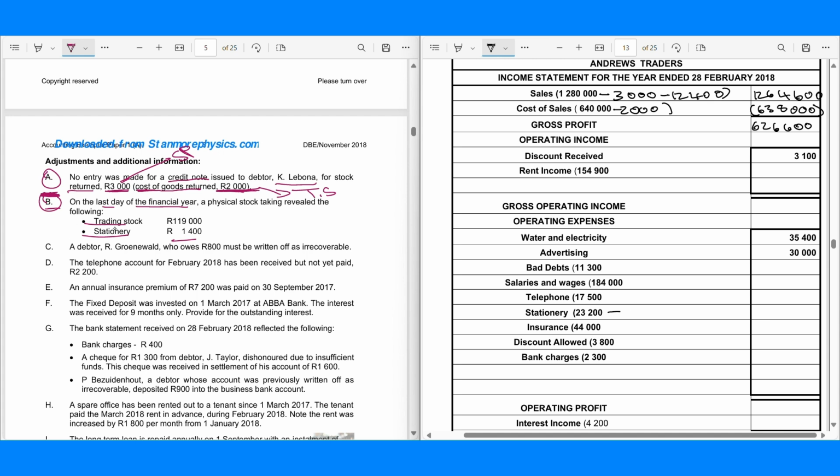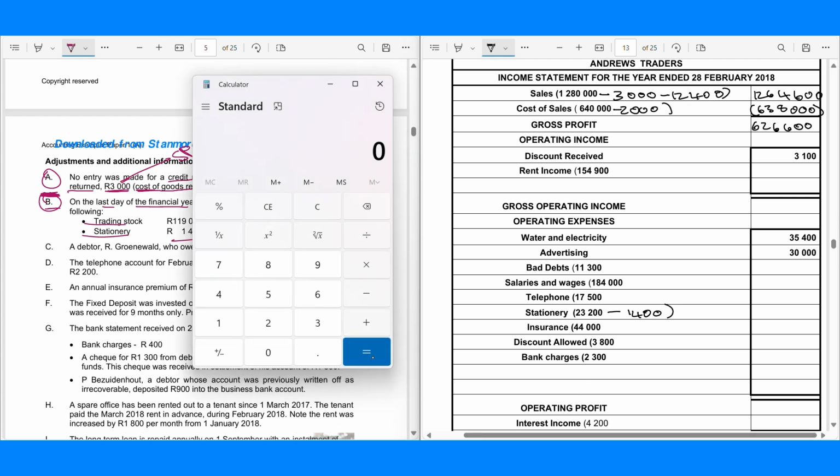This is on hand. The one from the trial balance minus the on hand gives us used. Sometimes they can just write trading stock used or stationery used, and you just record it directly. So 1,400. 23,200 minus 1,400, we're going to get 21,800.